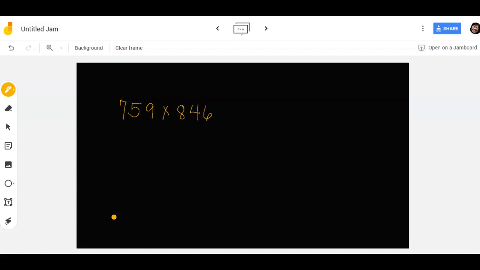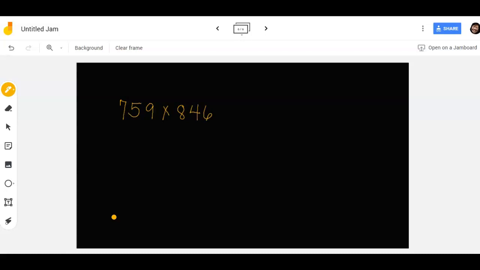Is it always the first one that remains as it is and the second one that should be written in expanded form? The answer is no. You can write the first number in expanded form and the second number to be as it is. It depends on you.